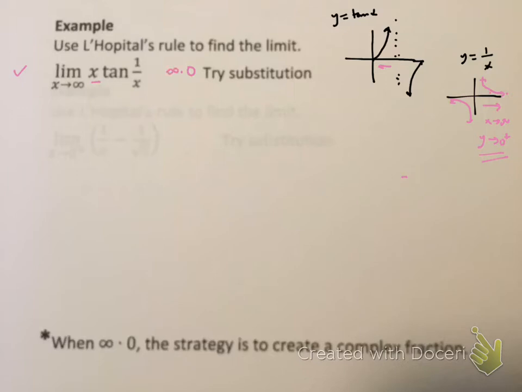So anytime you have infinity times 0, the strategy that you employ is you have to rewrite it as a fraction. And when you do this, sometimes you actually have to make a complex fraction to accomplish the goal.